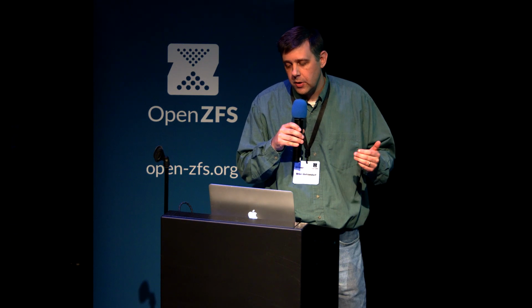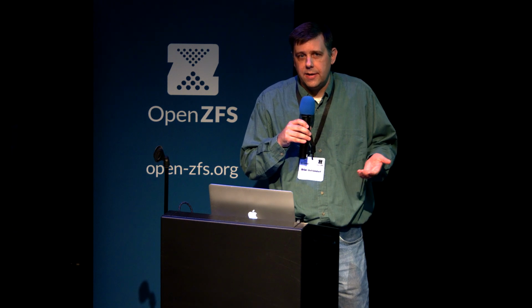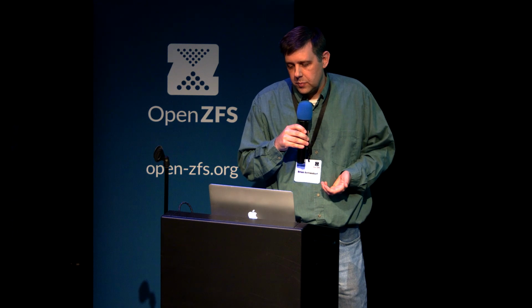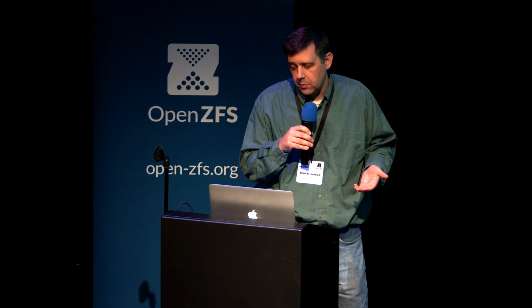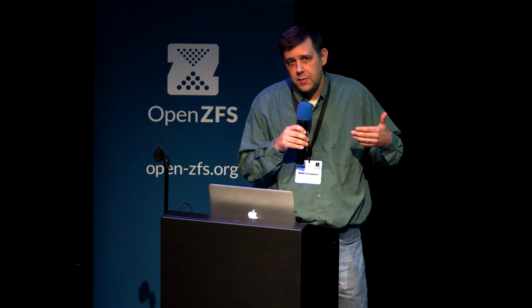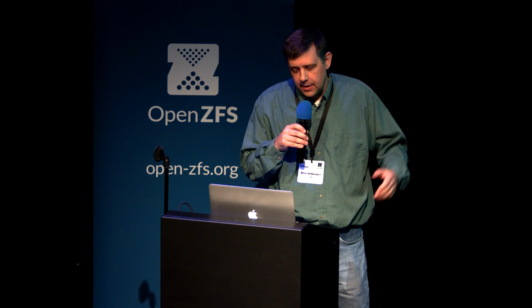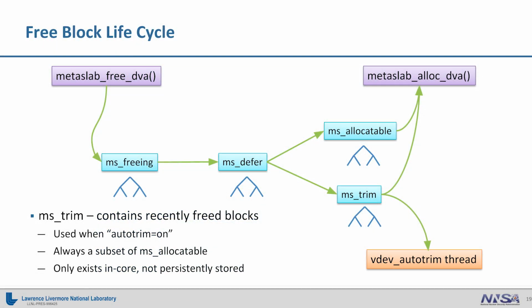So if you crash, you will lose this tree, but it doesn't really matter that much because it's only recent frees, and it's only a few, right? You can always run a zpool manual trim again if you really want to trim this space, but in practice, not having it be persistent was a really nice simplification and made it perform just as well.